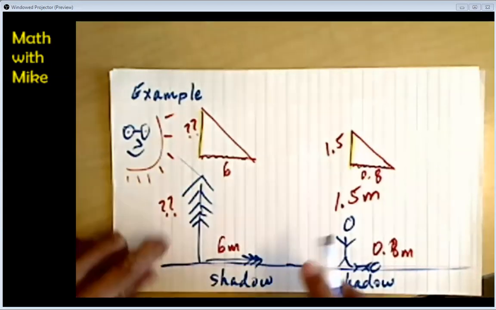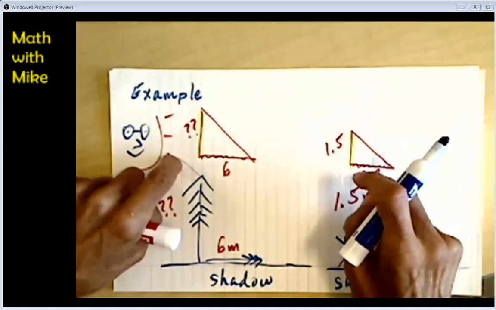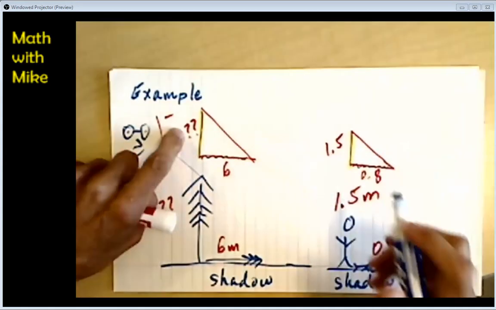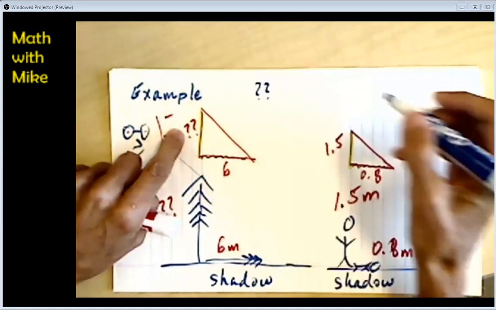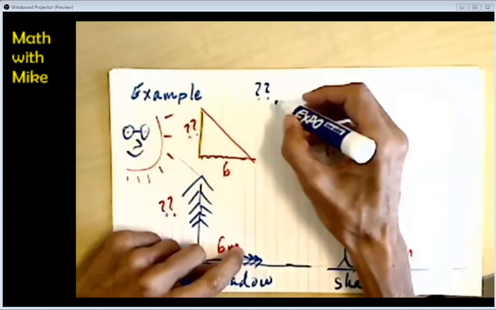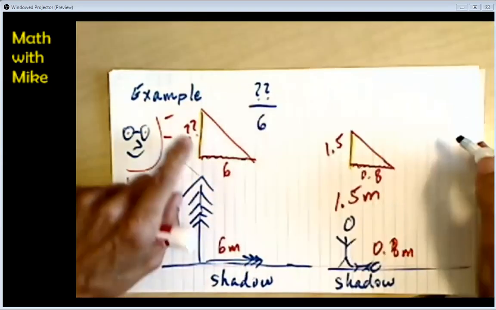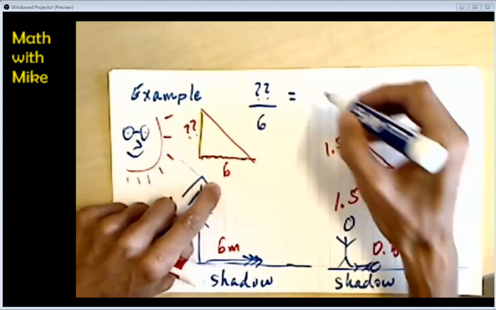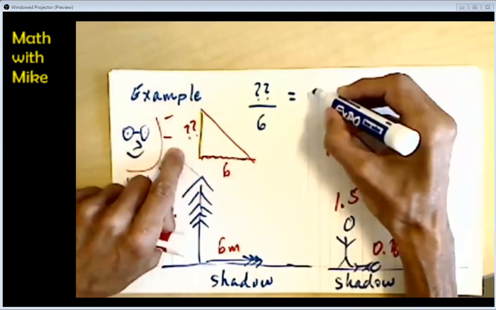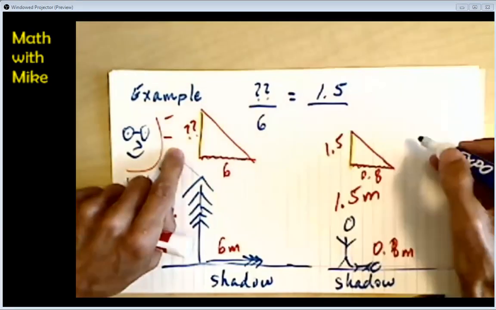Okay, so let's get some sides matched up and create an equation here. These question marks divided by 6 would be the same as 1.5 divided by 0.8.